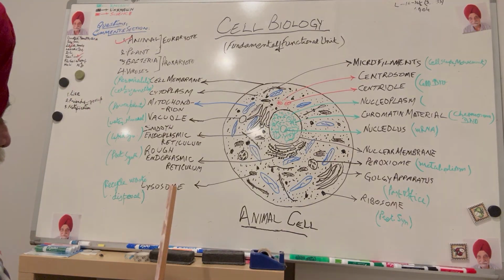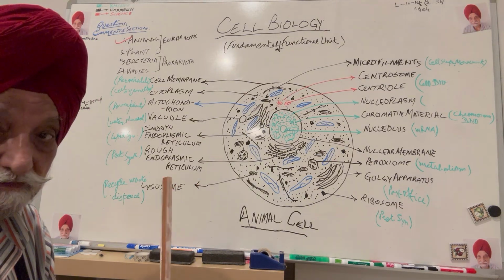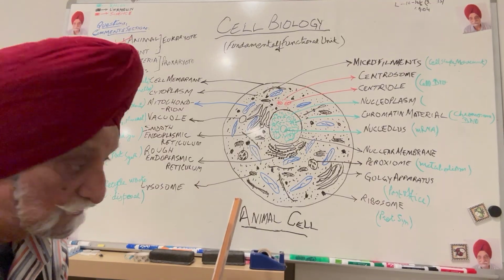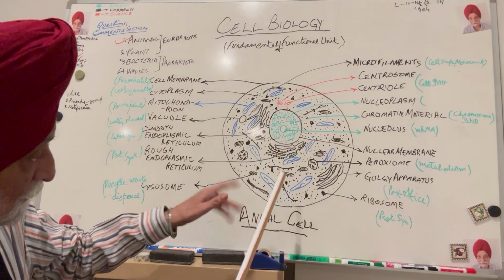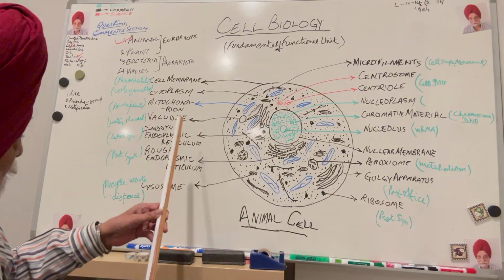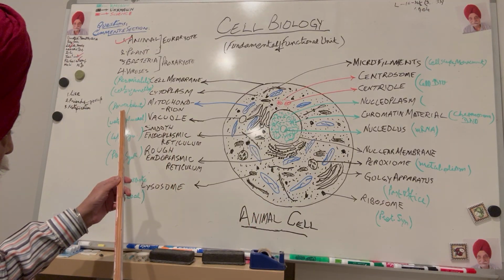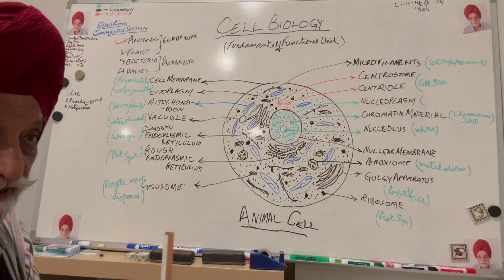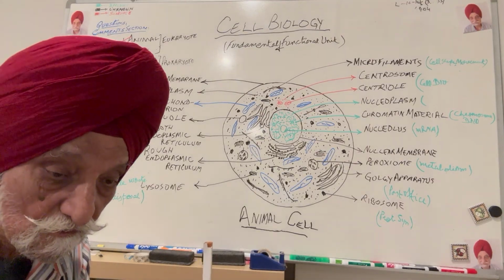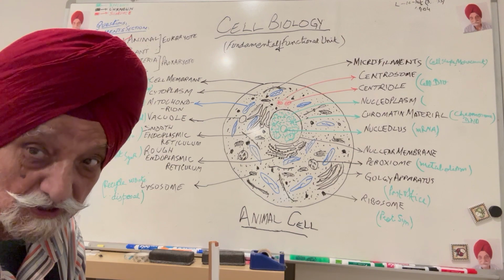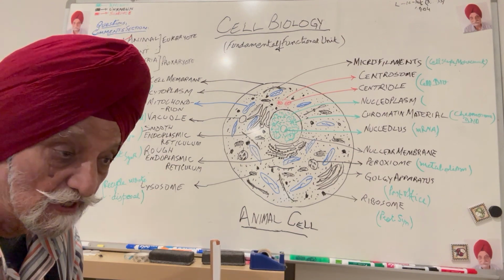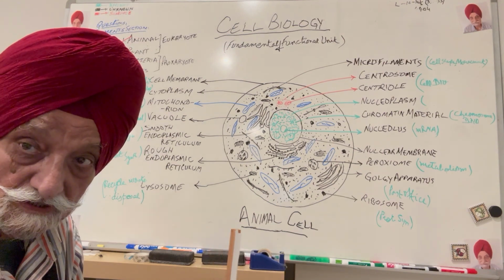Then we have mitochondria. Mitochondria are very important cell organelles present in the cytoplasm. The mitochondria are the power plants. In the mitochondria, food, glucose, is used to produce energy in the form of ATP, adenosine triphosphate.